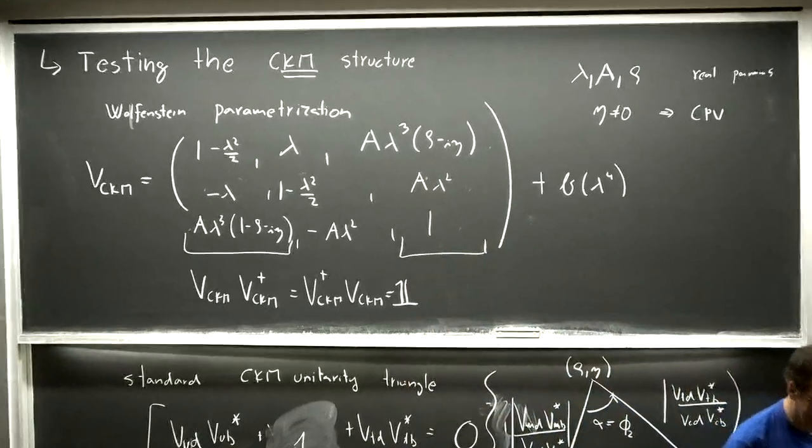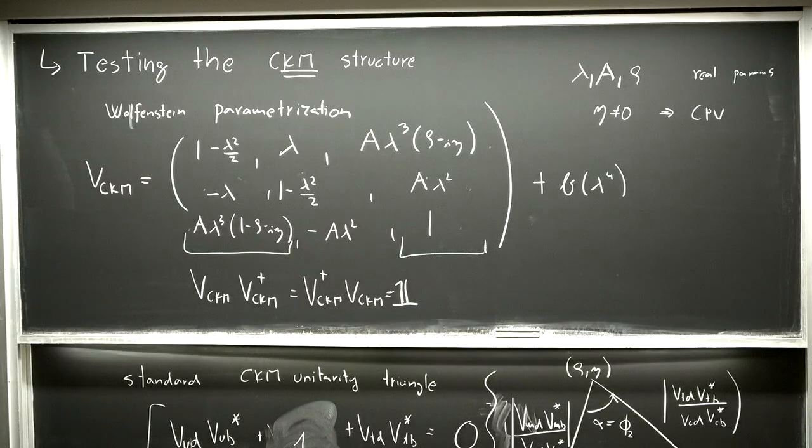I don't know exactly what Lincoln was dreaming up and what inputs he had, but it is part of the clues line that Matthew had yesterday. So you take clues from experiment, right? And in this case, I don't know exactly how much was known about the CKM structure when he wrote this down.